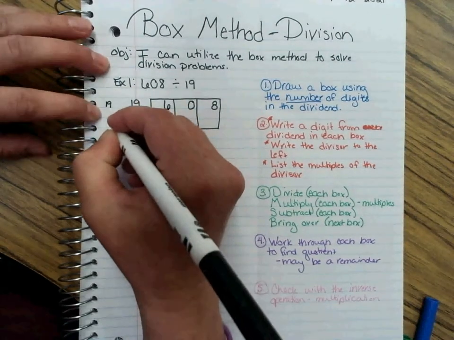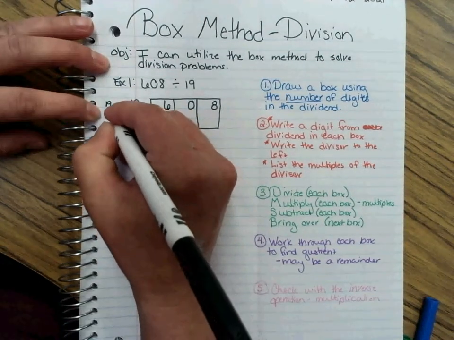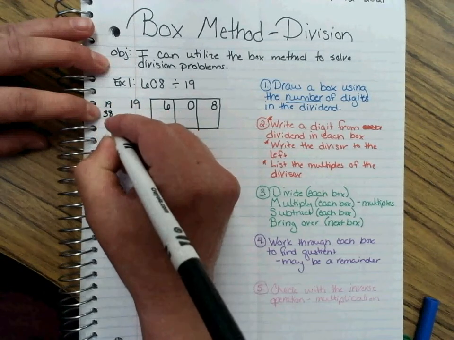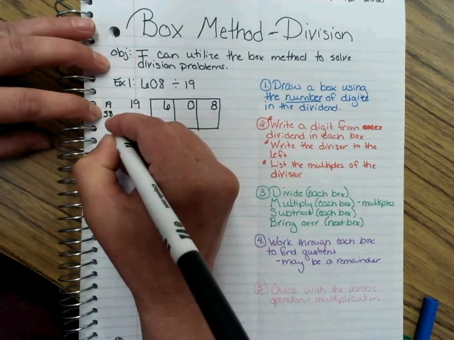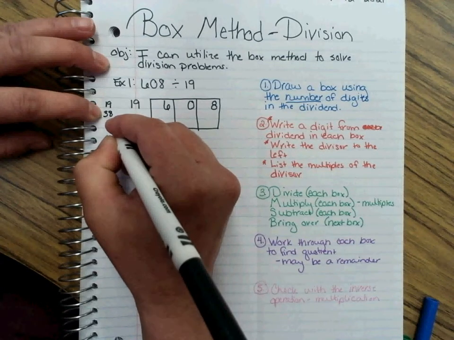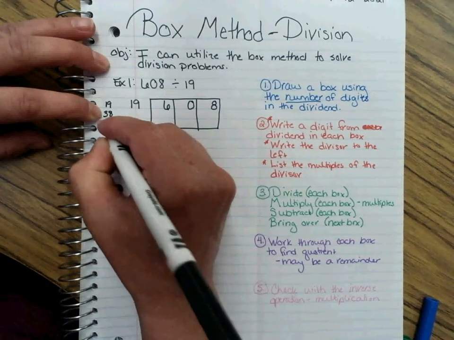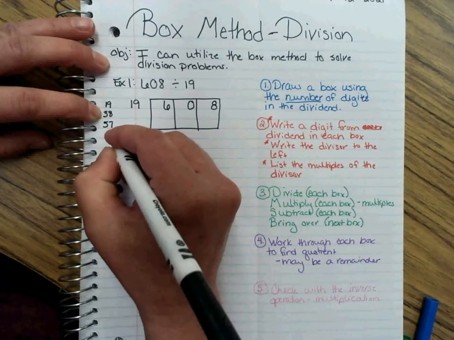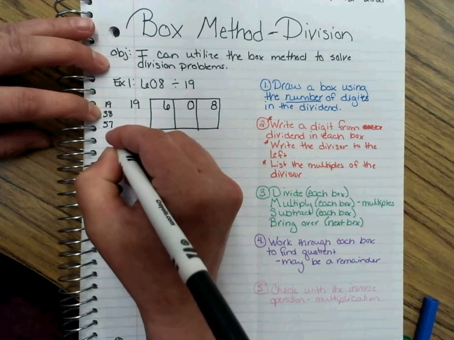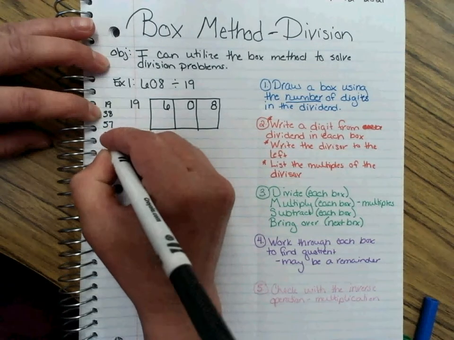I'm going to do, okay, 19 times 2 gives me 38, 19 times 3 gives me 57, 19 times 4 gives me 76.